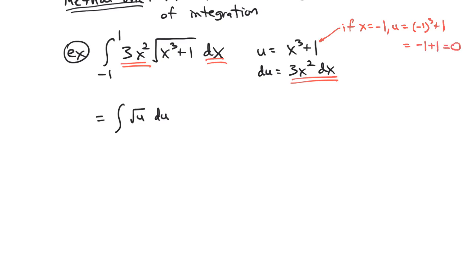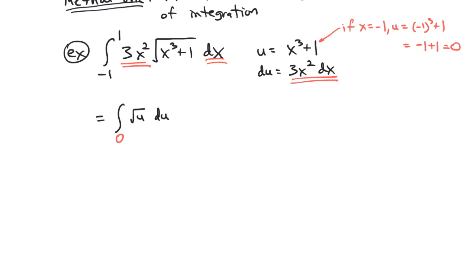So when x is -1, u is 0. All I did is I plugged a -1 in for x to figure out what u is.